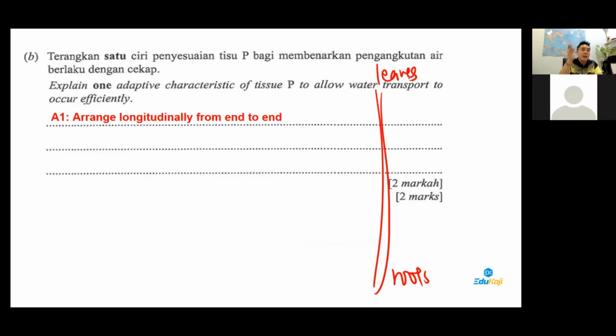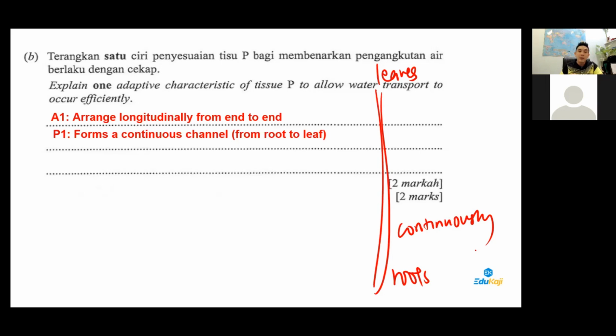So we say that they are arranged longitudinally, end to end, one joint to another. Therefore, water is transported, use this word, continuously, or it forms a continuous channel.